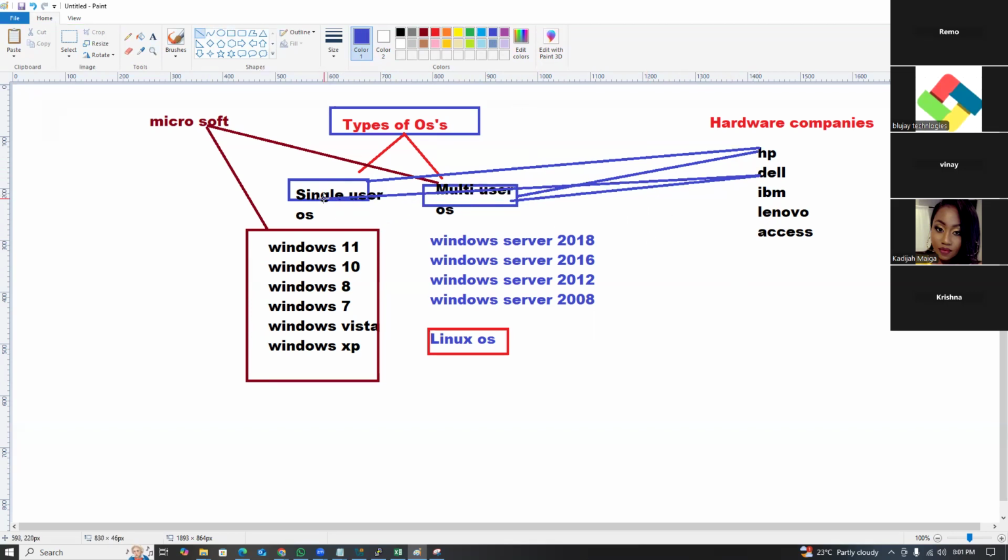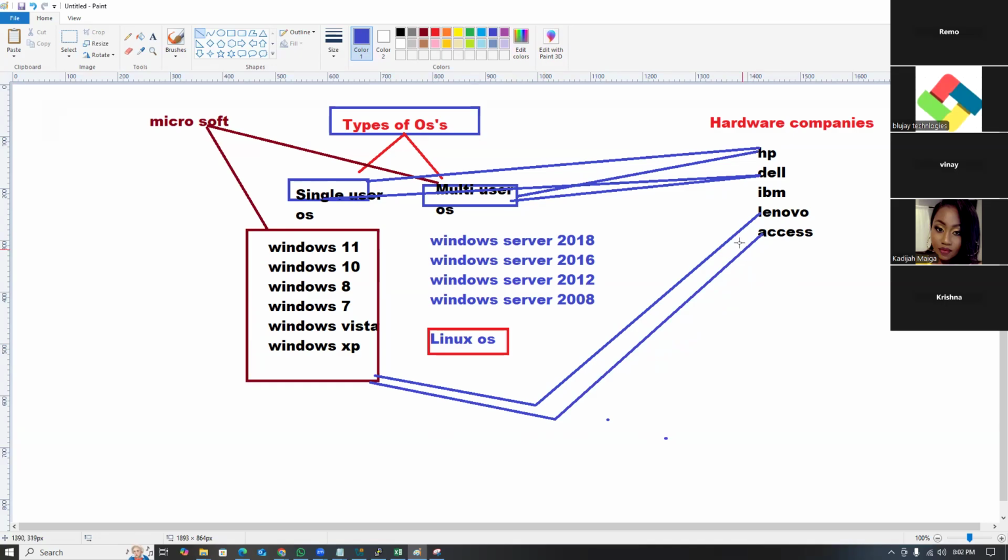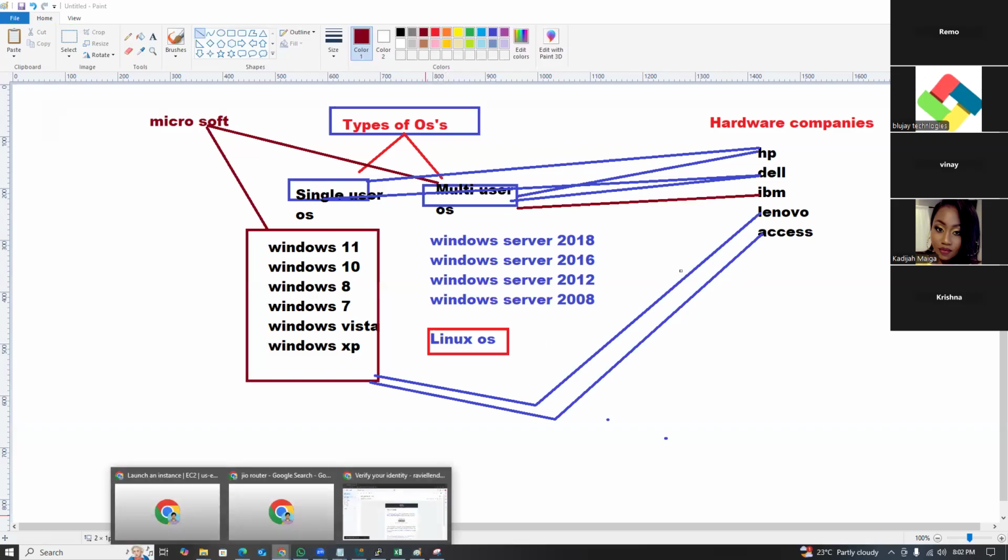Lenovo and Asus created hardware only for single-user operating systems. But IBM created hardware only for multi-user operating systems.